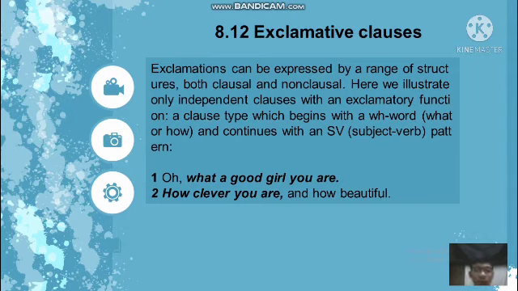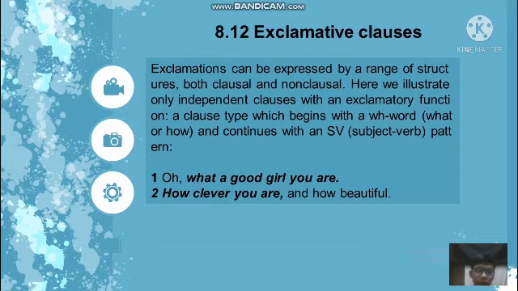Okay? In English grammar, an exclamatory sentence is a type of main clause that expresses strong feelings in the form of an exclamation, as opposed to sentences that make a statement, express commands, or ask a question.